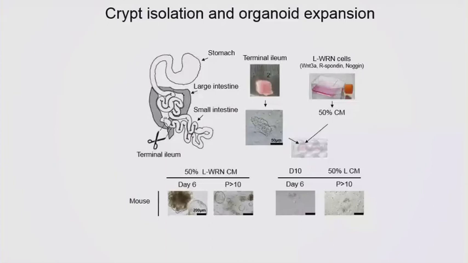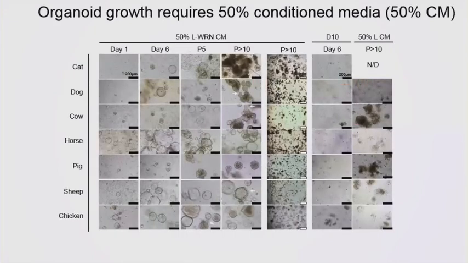Sometimes they pinch off and make their little crypts. This was done for mouse and human, and when I came here, I wanted to possibly use this new technology to study intestinal cells from animals that serve as definitive hosts for these types of parasites, specifically cats. But we also did this for various other animals that are definitive hosts.